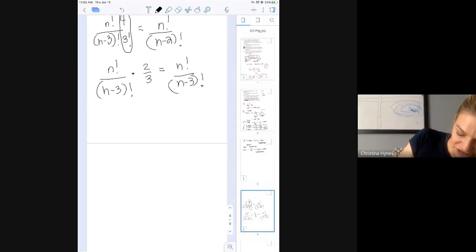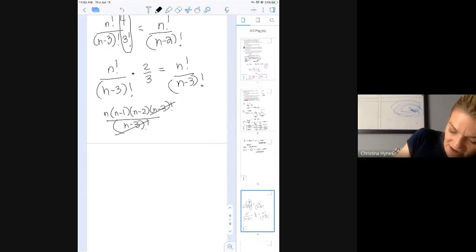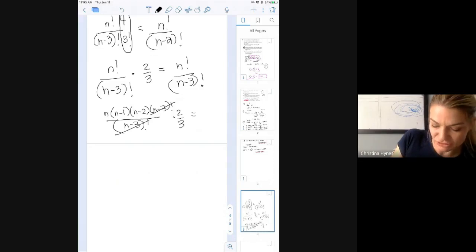It's not harder, you would still do that countdown thing, just like previously. You always count down from the higher one and cross these off. You're still having that 2 over 3. The right side, same thing, you count down and cross off. After n comes n minus 1, then n minus 2, and then n minus 3.